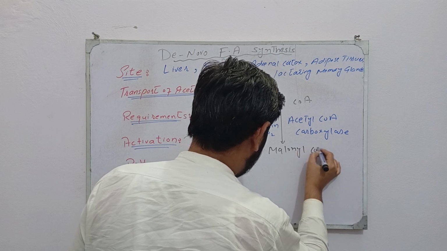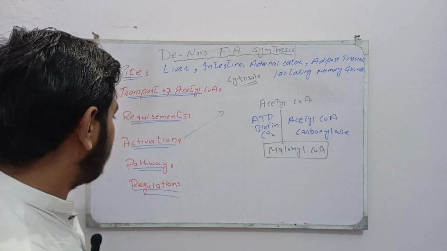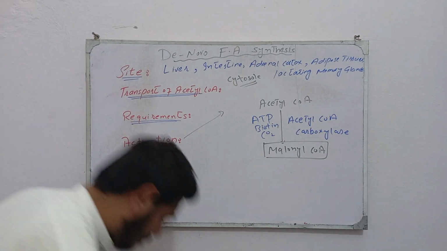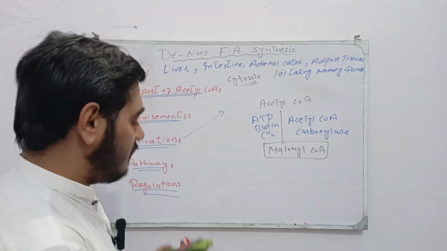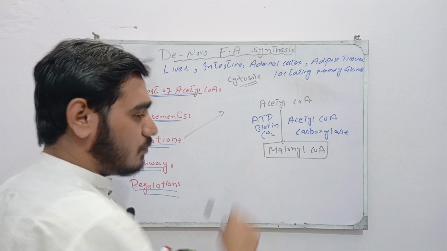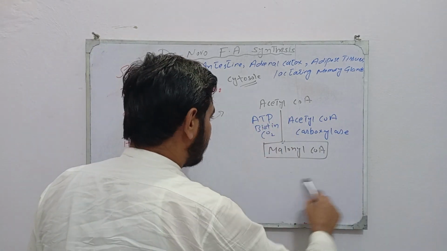In this way, activation of acetyl CoA takes place. Acetyl CoA carboxylase is a very important regulatory enzyme, and this is a rate limiting and committed step.